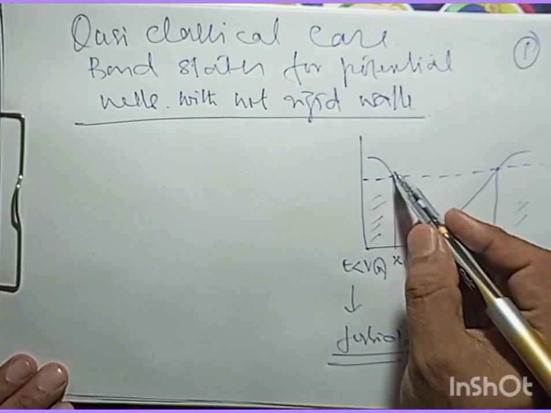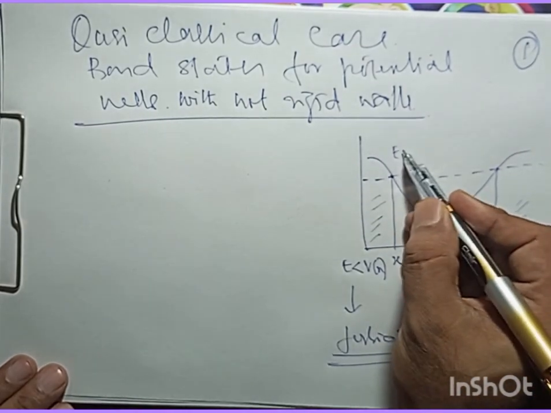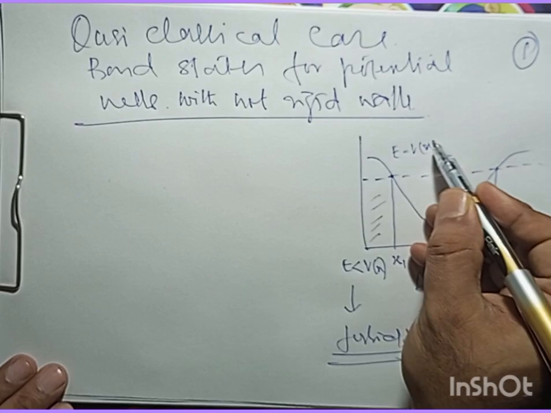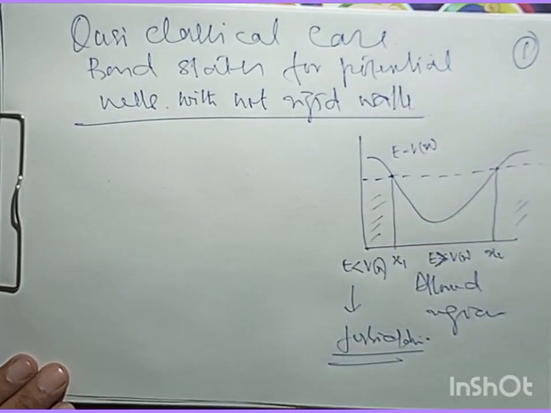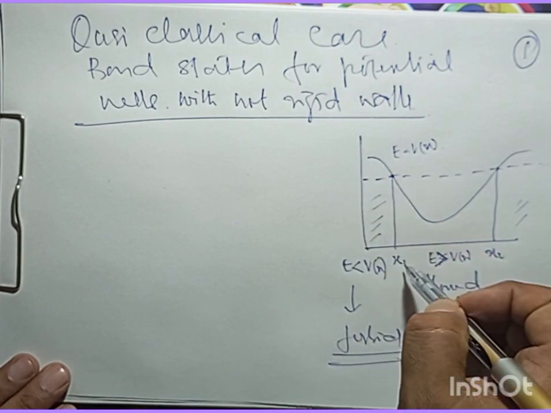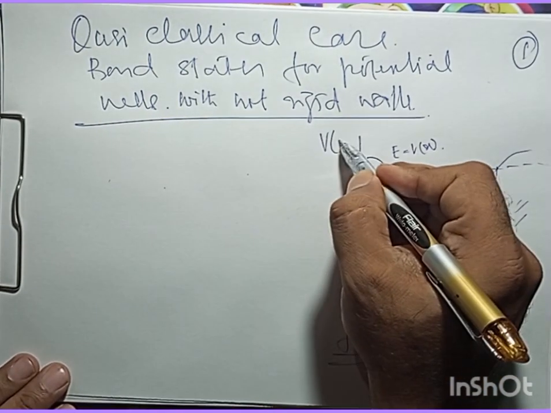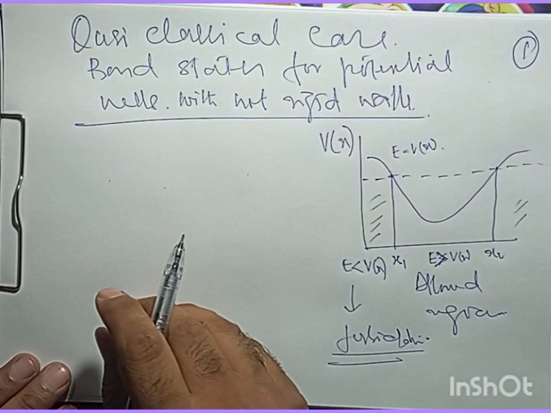At the points x1 and x2, E is equal to V of x. This is what is called a turning point. Classically, the particle will come to rest at point x1 or at point x2. The y-axis is the representative of V of x.